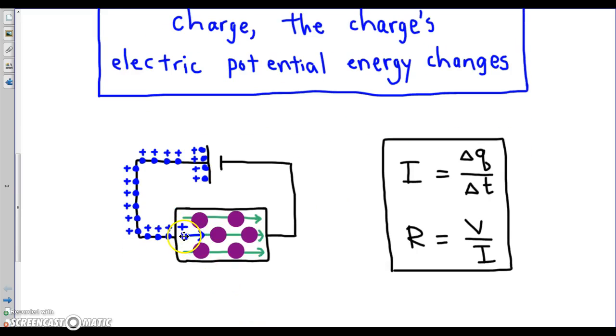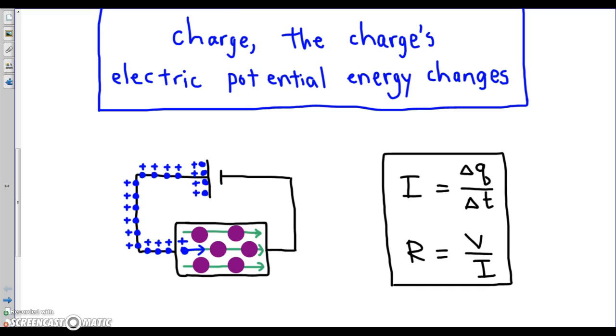So as this charge gets pulled along the field, it's getting farther away from its other buddies, and it's losing potential energy. The resistance of the resistor is the potential difference lost from one end to the other, divided by the amount of current passing through the resistor.